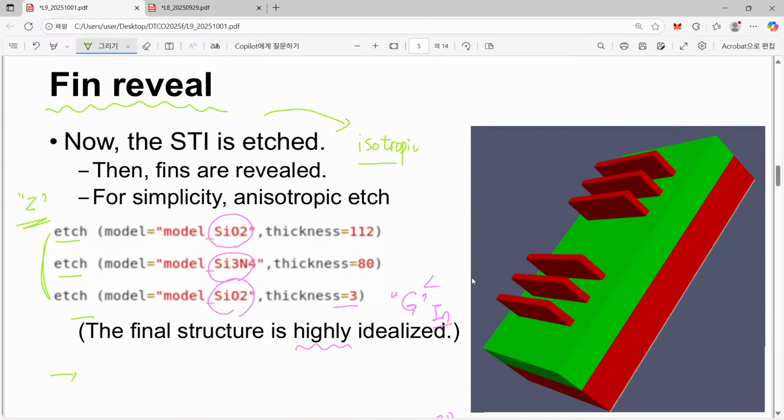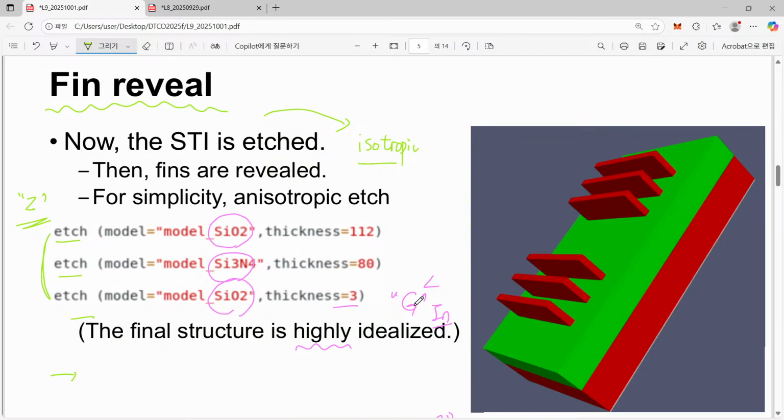So I tried to have a good enough profile with isotropic etching, but eventually I failed. So that's the reason why I made this simplified one. But please note that in reality we are using isotropic etching.